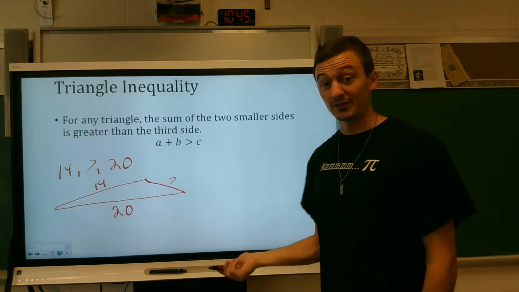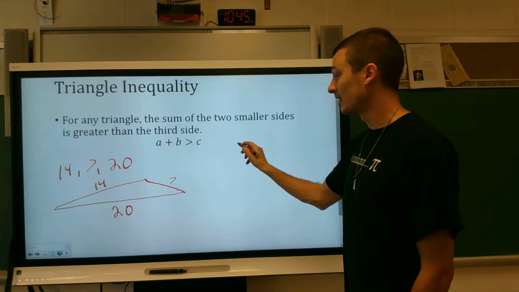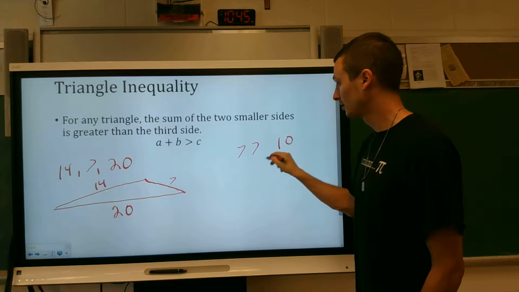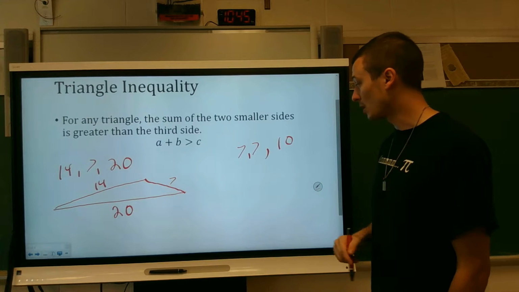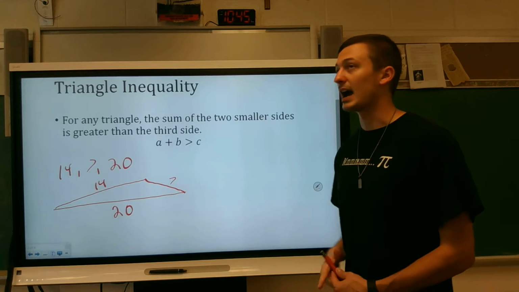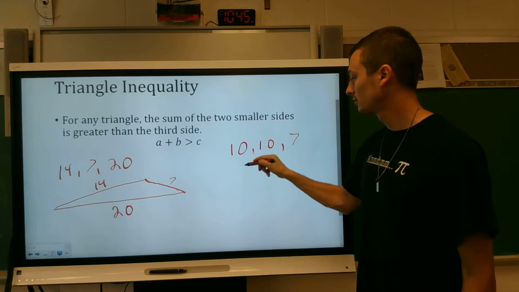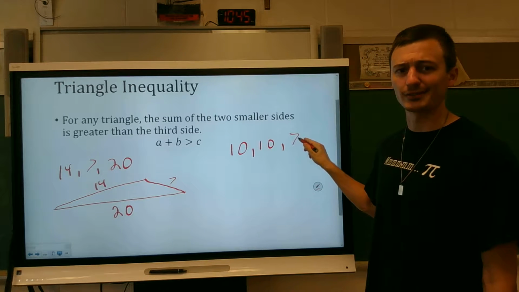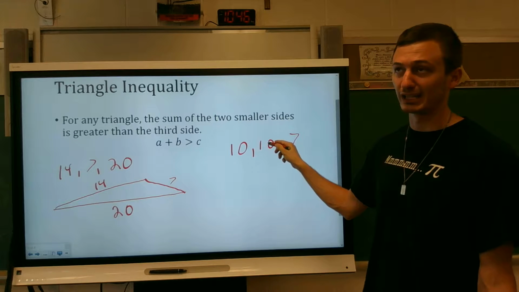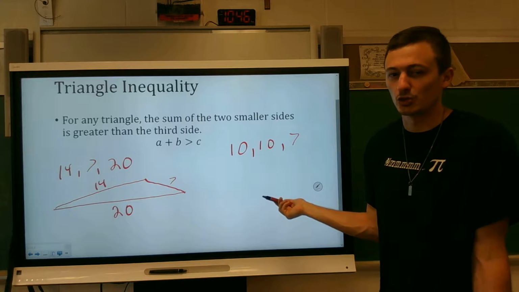What if it's an isosceles triangle? Maybe I have 7, 7, and 10. Well, those are the two smaller sides. Well, what if I have 10, 10, and 7? Well, there is only one small side, so I just have to pick the two smaller ones.